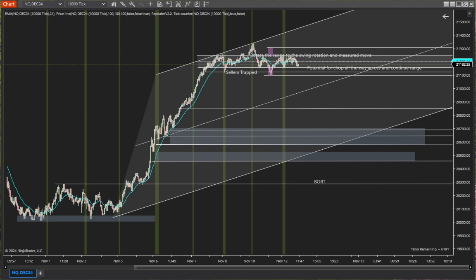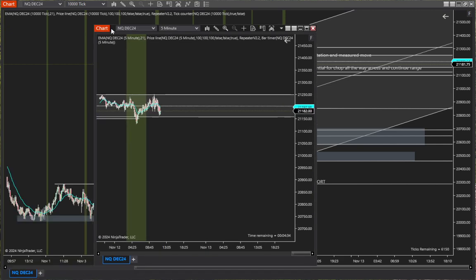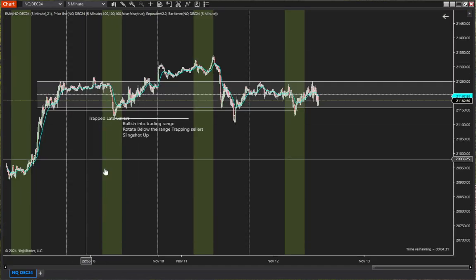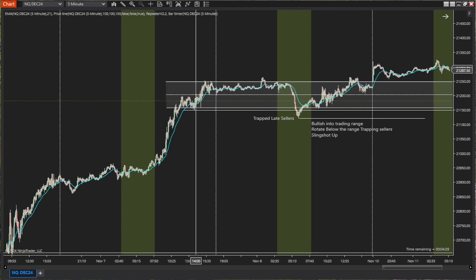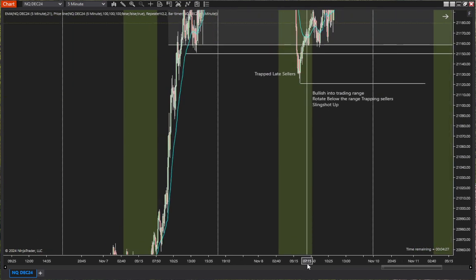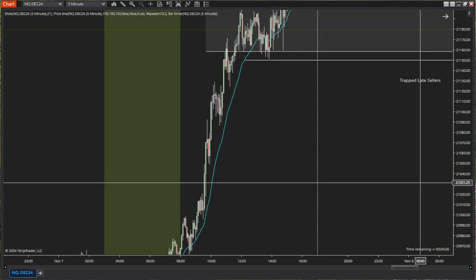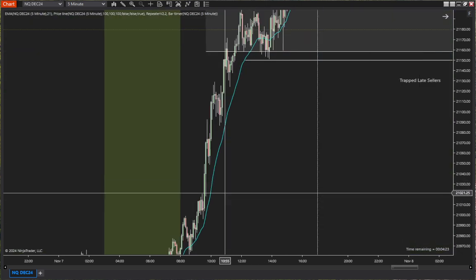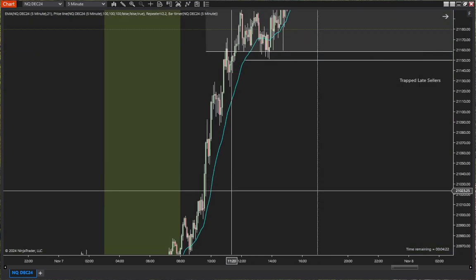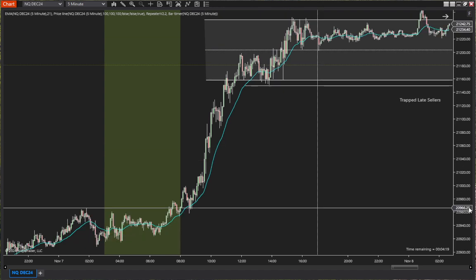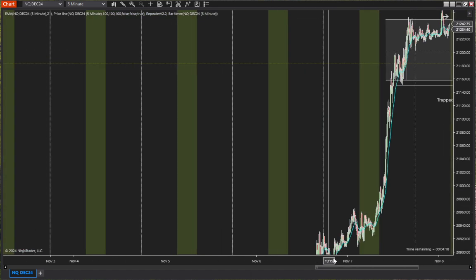So when we see imbalances on a 5 minute chart where there's no price action, let me show you what I mean by that. There's no price action. There's no wicking up, wicking down, nothing in between, right? This is not an imbalance. Let's find an imbalance, right?